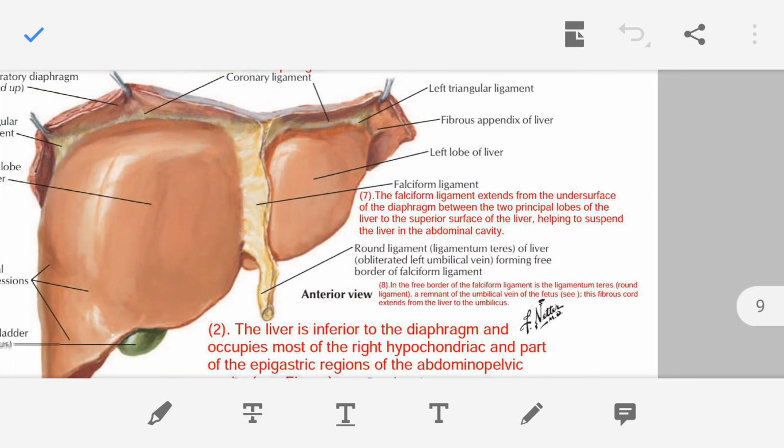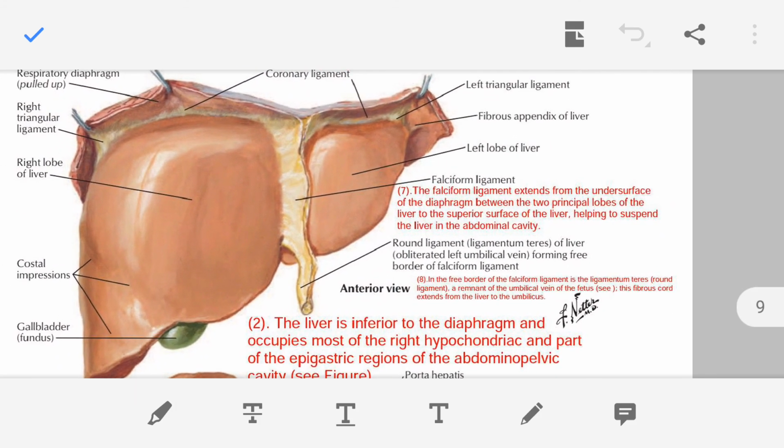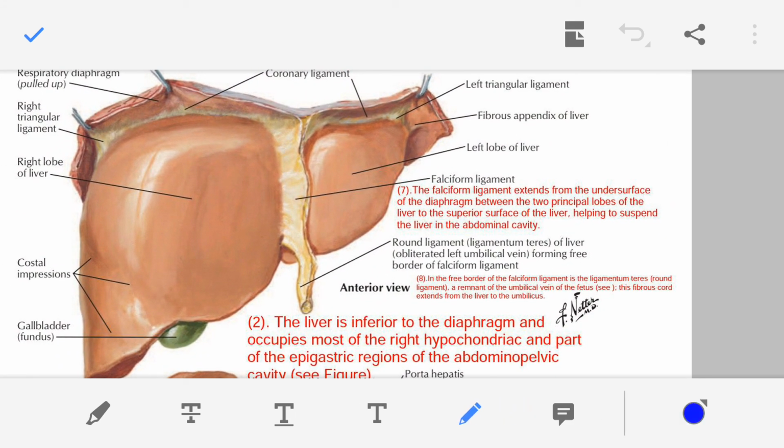With the help of this falciform ligament, the liver remains at the same place. So the liver remains stationary at its own place within our body. It is possible due to this ligament.